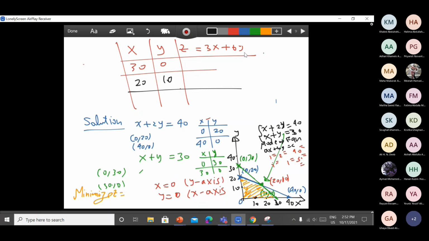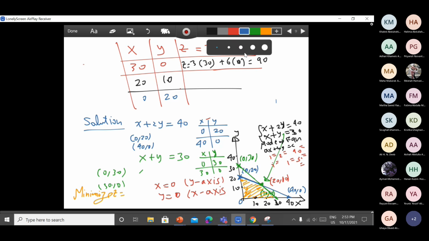And this one, 0 and 20. Now let's get the value of Z in this one. So I just substitute X equal to 30 and Y equal to 0. So I end up with 90.